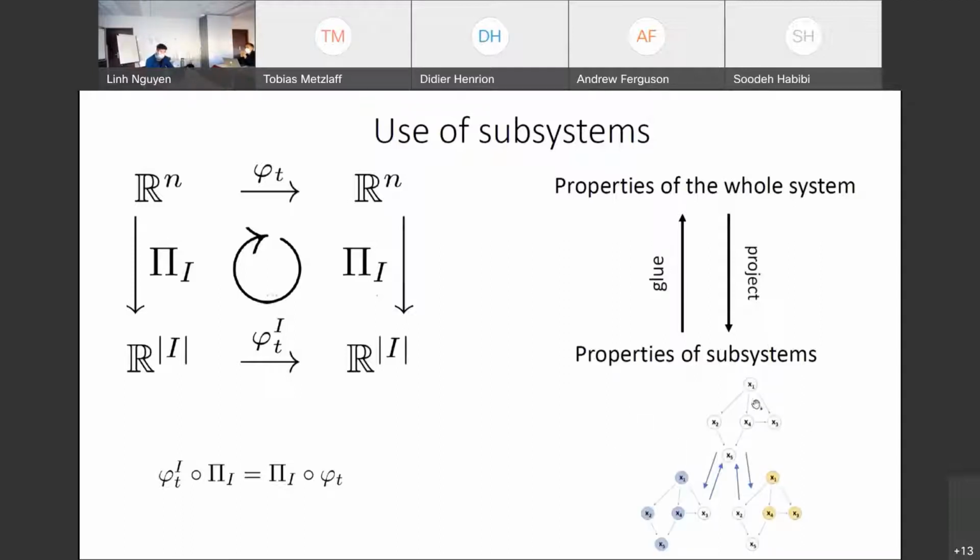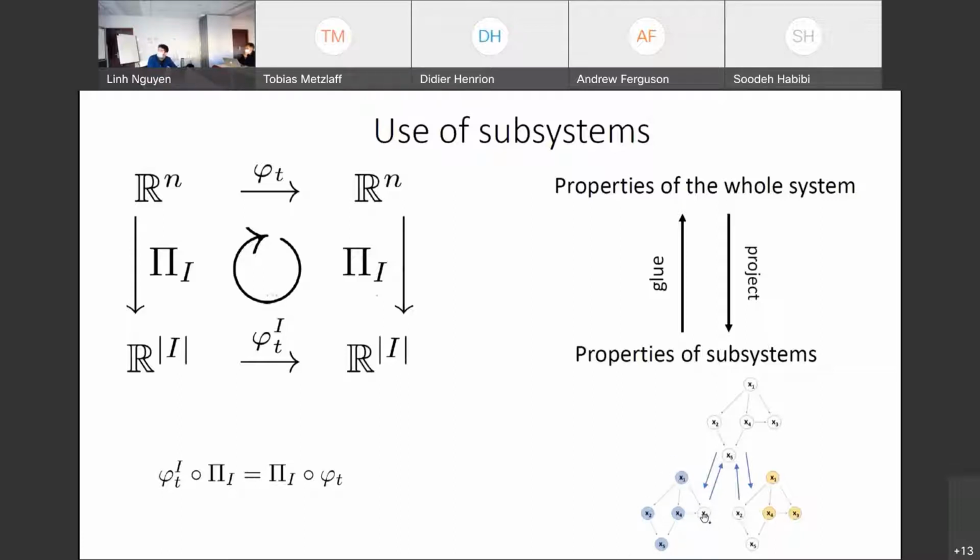So we have our whole system. In that case, we find two smaller subsystems here. And the idea is, using these two smaller subsystems, we also want to find properties of the whole system. And this is exactly what Milan and I used in our first version, where we applied polynomial optimization, with the idea that we want to solve something down here because we have fewer variables.